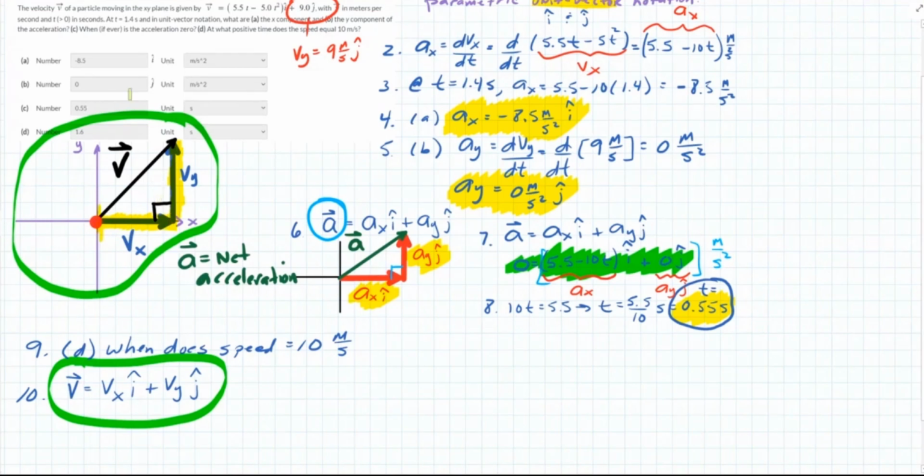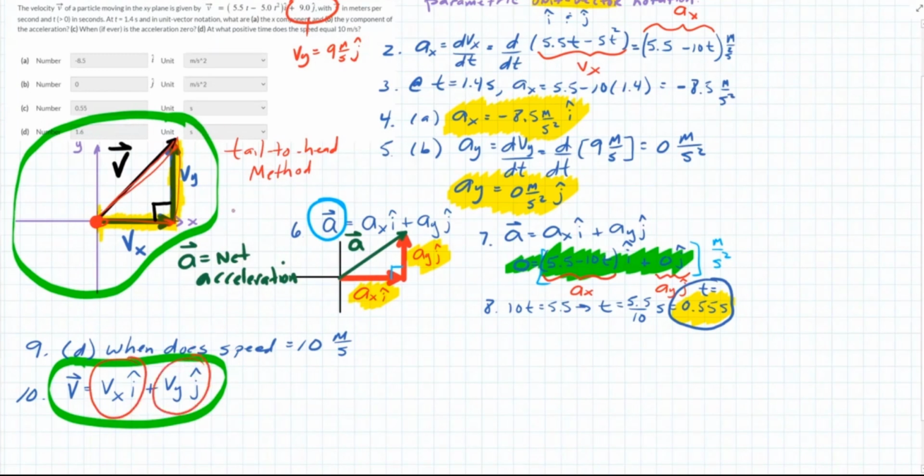I always think of this as the tail to head method. So it's tail to head, tail to head, tail to head. And then when you run out of heads, you're done. Then you go first tail to last head. This is just a graphical rule. Anyway, that's what I get. This black vector is the combination of an x contribution and a y contribution.